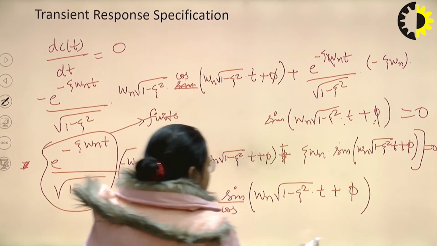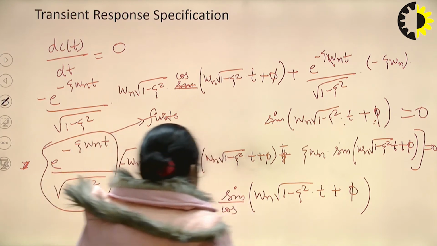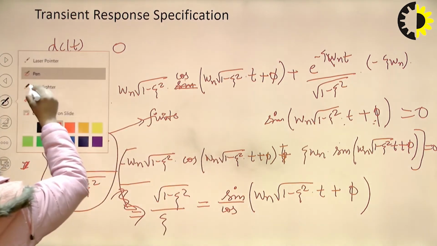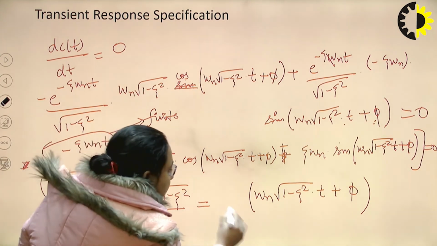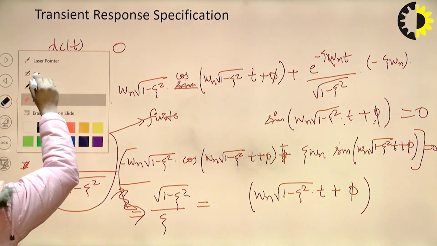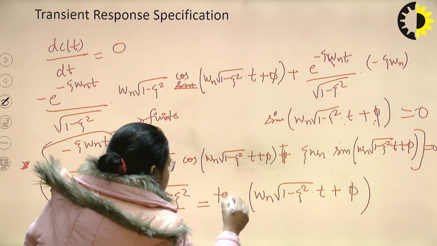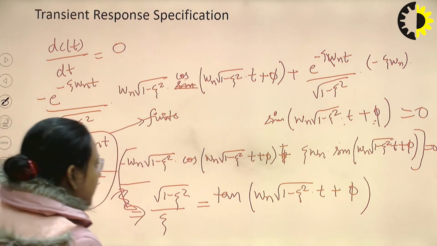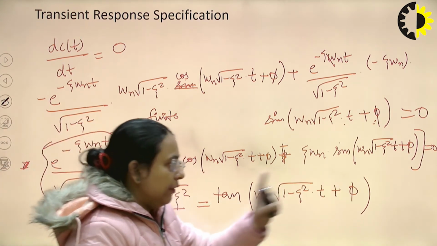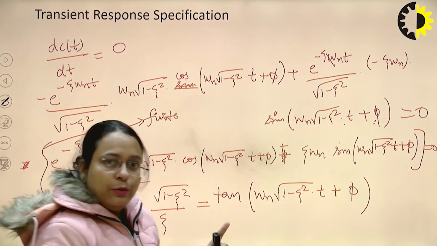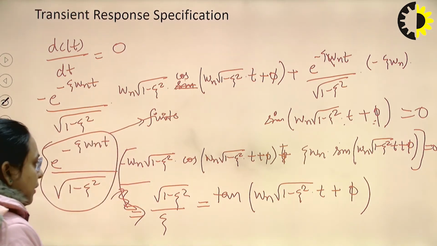Let me write it as tan of this. Now I will put the value of phi, which is tan inverse of under root 1 minus zeta square upon zeta, in this equation.